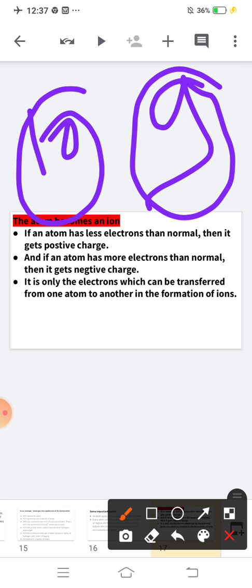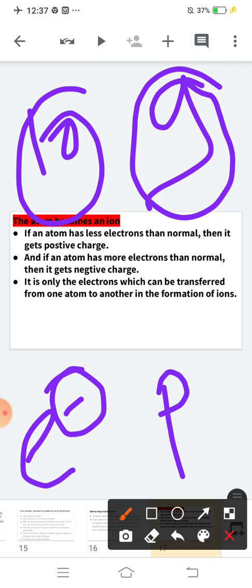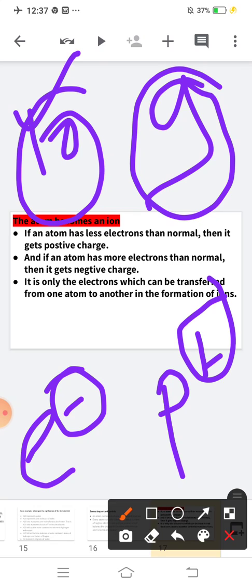Because electron is negatively charged and proton is positively charged. Here the number of protons is more, that means positive charge is more over here. So this atom gets a positive charge. And if the number of electrons is more, then it will get a negative charge. Why? Because negative charge is more over here.